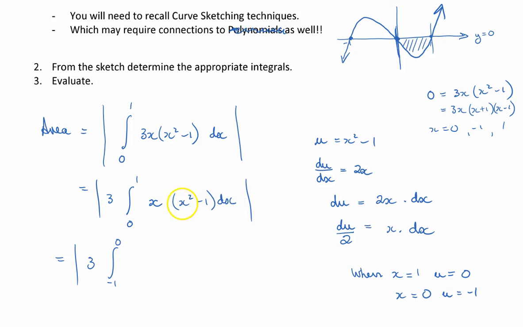I'll put separately, x squared minus 1 can be replaced with a u. x dx is du on 2, which means I'm also going to take out a half. So I'll have 3 on 2 out the front now, the integral from minus 1 to 0 of u du.